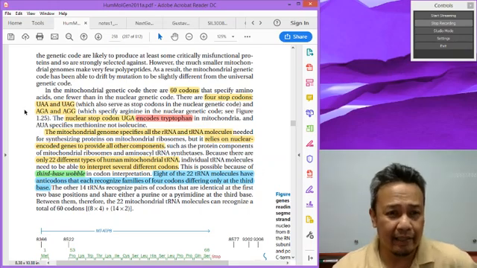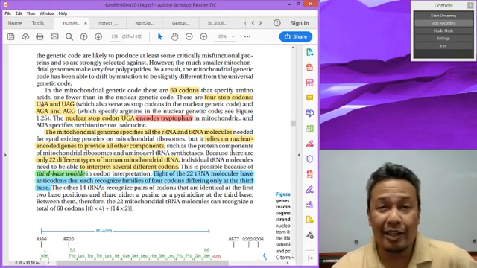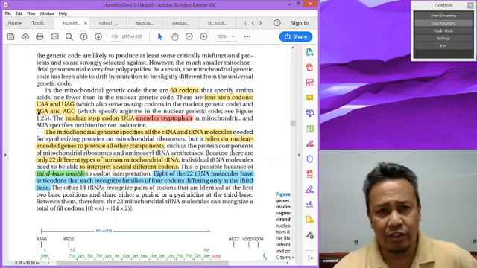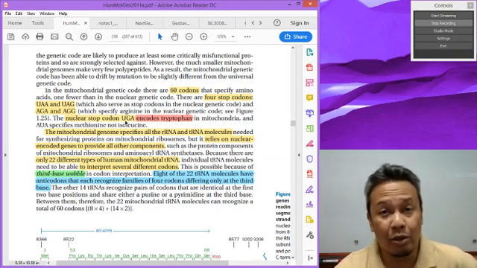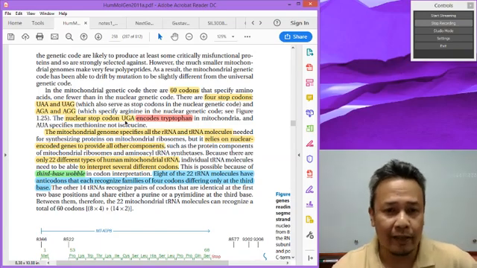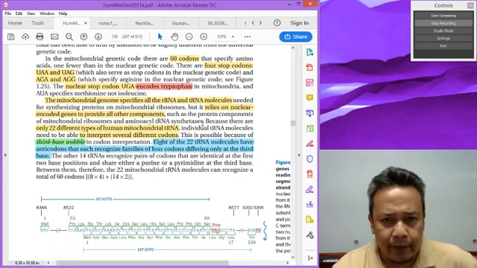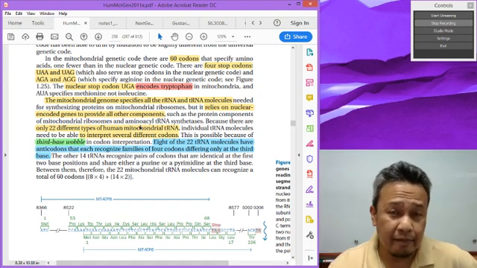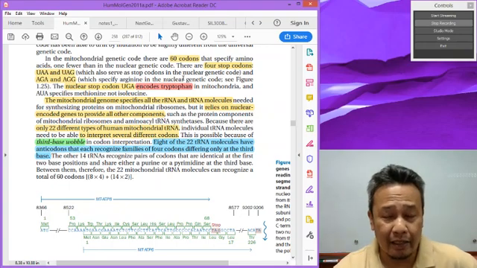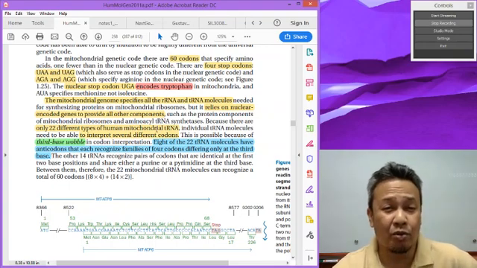UAA, UAG, and then AGA and AGG are stop codons in the mitochondria, while UGA, which is a normal stop codon for the human genome, actually encodes for tryptophan. What else? Here it says there are 60 codons, but there are only 22 different tRNA genes.